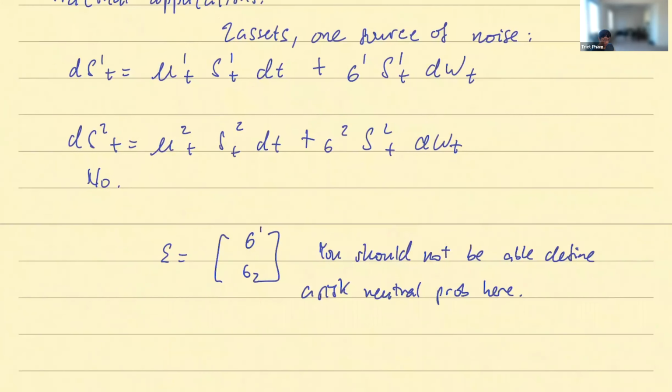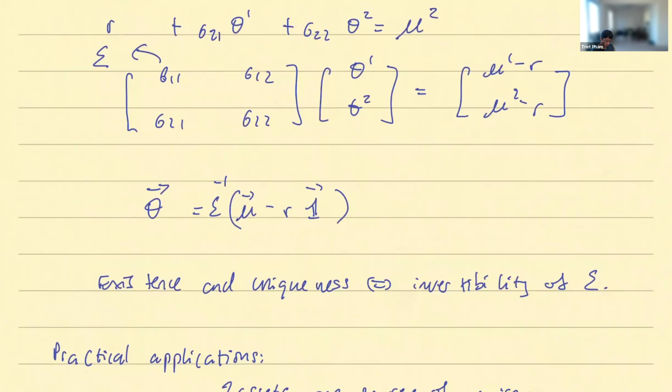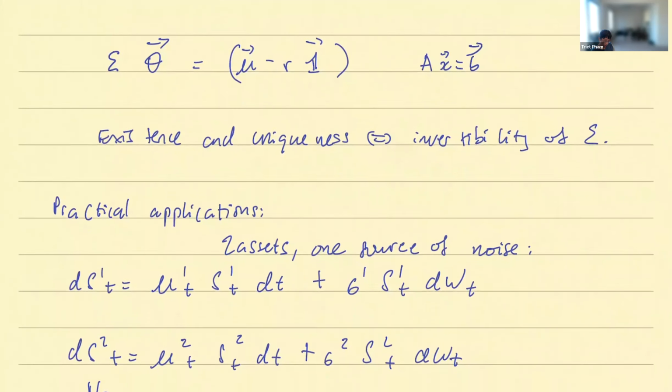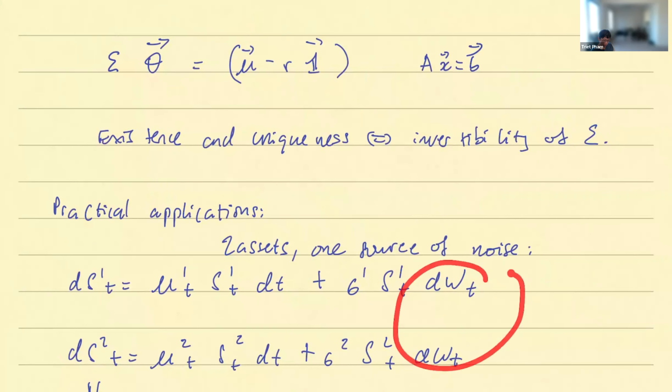Anyway, maybe I should do this. It really comes from this. It's really the equation AX equals B. So what we're saying here is that you only have one source of noise.